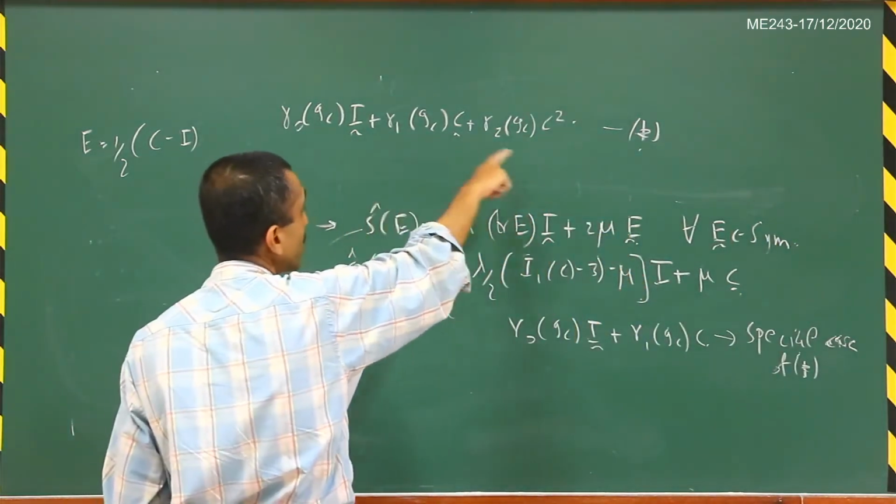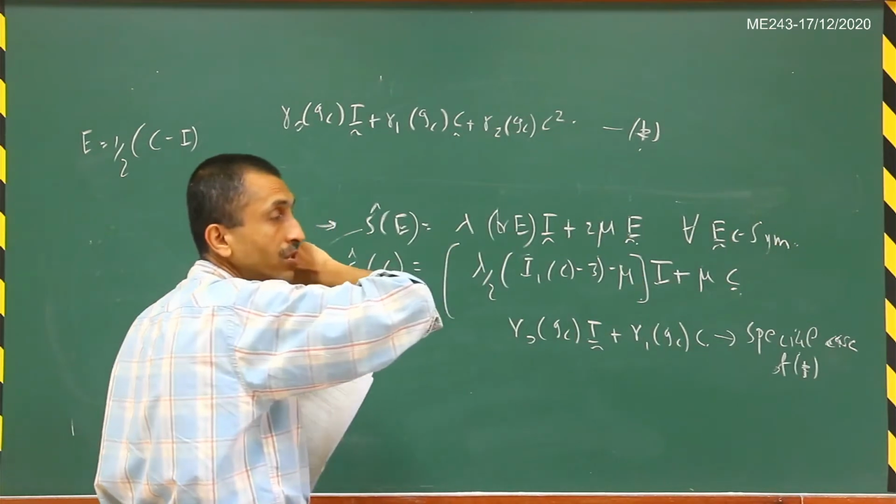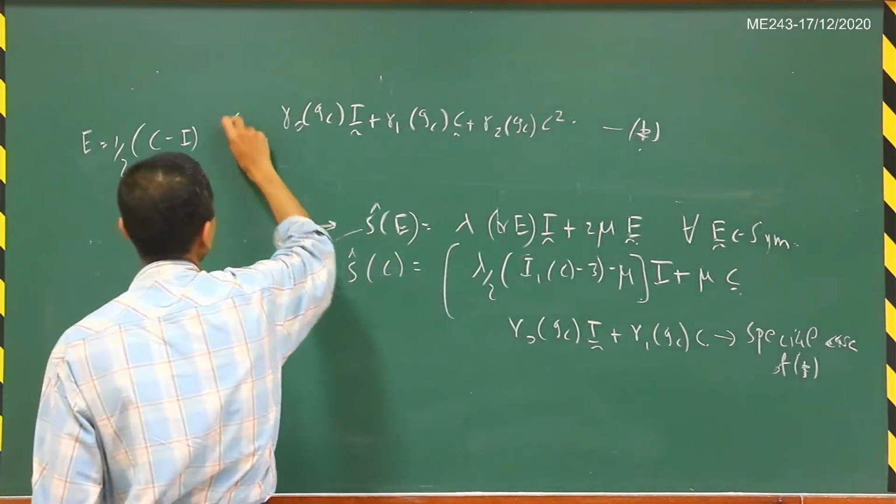The necessary and sufficient condition that a material be isotropic and frame indifferent is that S be of this particular form.